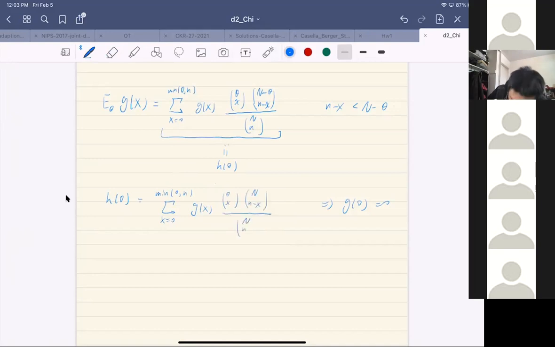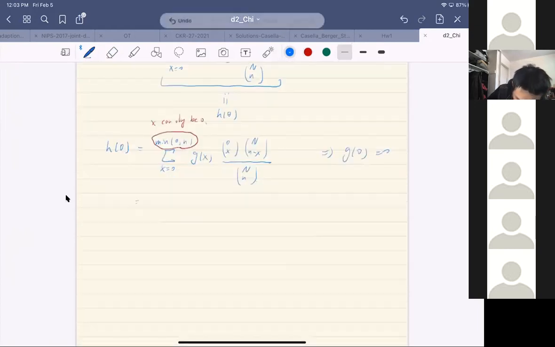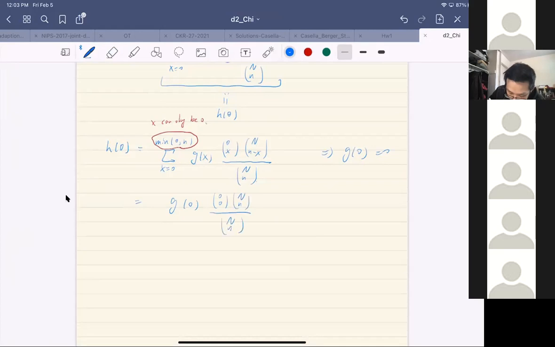So because of this, x can only be 0. Okay. So we have the g of 0 times 0 choose 0 times n choose n, and this can imply that g of 0 is 0.